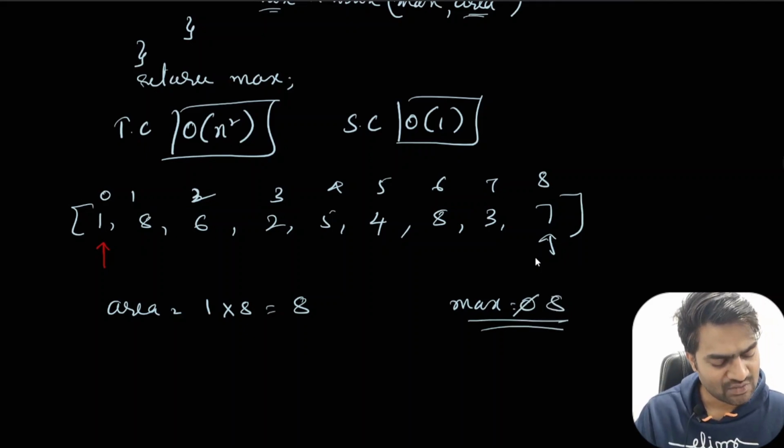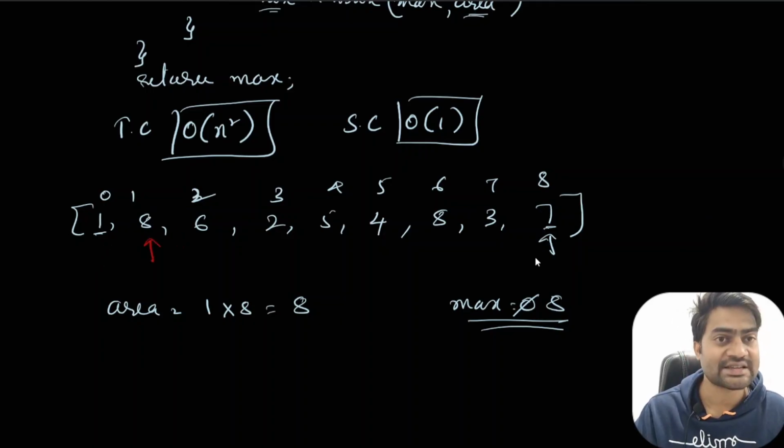Okay. Now after this, I will check whether the value at the left pointer is lesser or the value at the right pointer is lesser. If the value at the left pointer is lesser, I will eliminate this value and move my pointer to the next number.